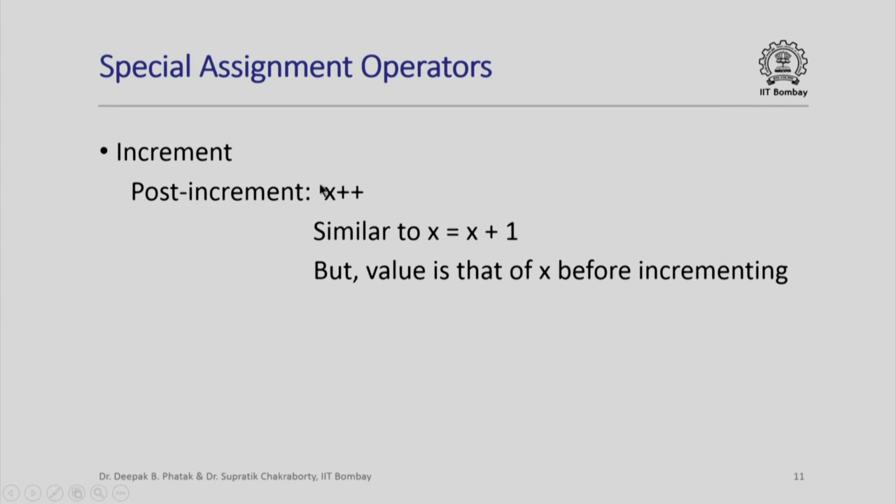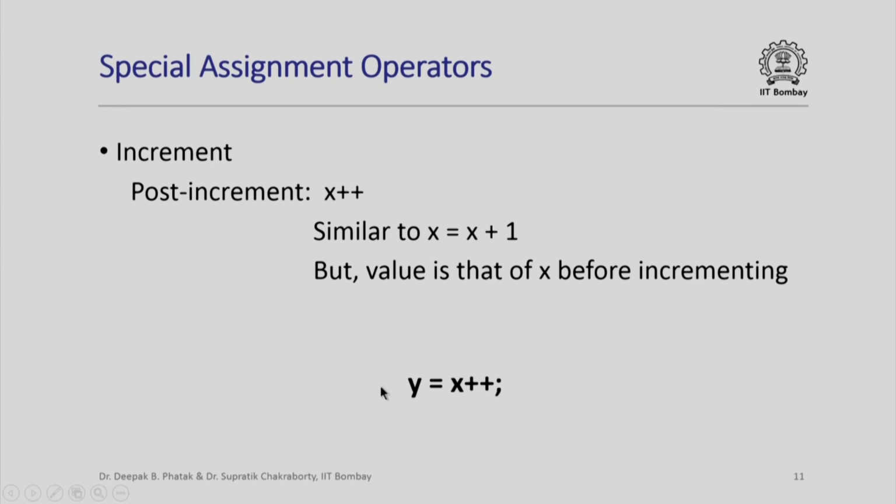Now when you have an expression like this with the post increment operator, this is very similar to having an expression like x is assigned x plus 1. The only difference with this expression is that in this case the value of this expression x++ is the same as that of x before incrementing. So x++ is an expression which will have the type and value same as that of x before incrementing, but it will have a side effect which will increment the value of x.